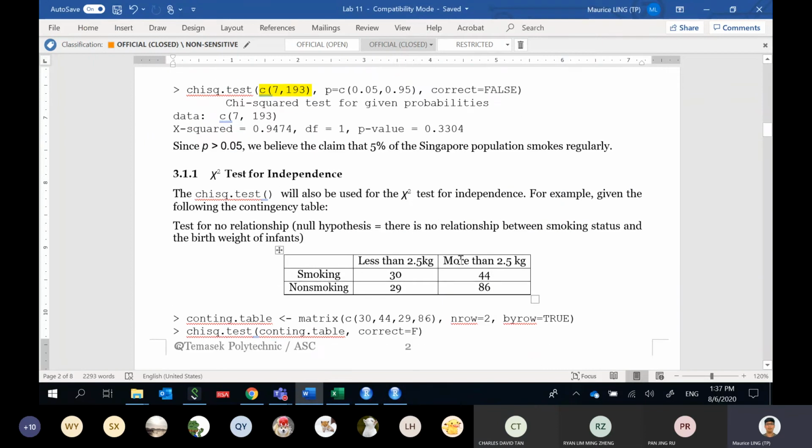Because remember, when you do your relative risk and odds ratio, you say that smoking has 1.4 times more chance of getting a smaller weight baby. So that is quantitative. But is there a real relationship? Maybe 1.4 could be just random, because you almost never get 1:1.